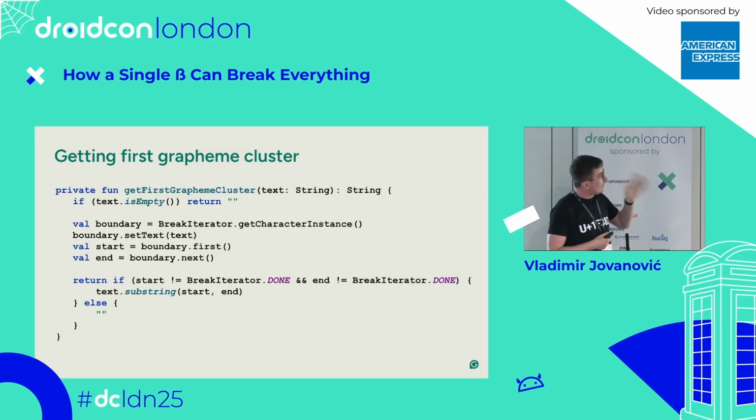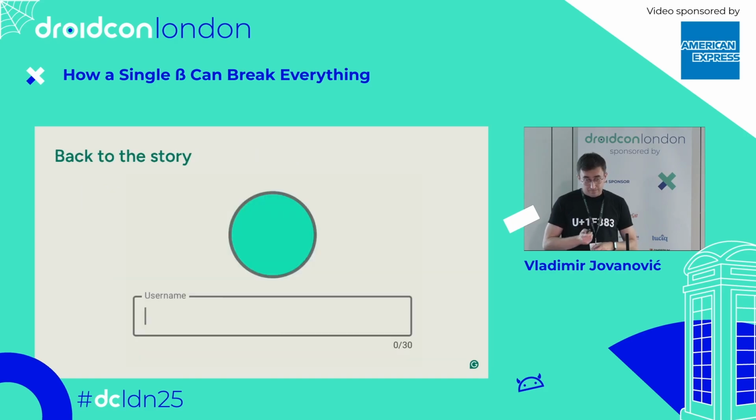You initialize getCharacterInstance, you set text to it, you call first to get the starting index, you call next to get the end index, and then you just take the substring from start till end. Now our input field is set. As you can see, length is calculated correctly and emojis are shown correctly in the profile image.